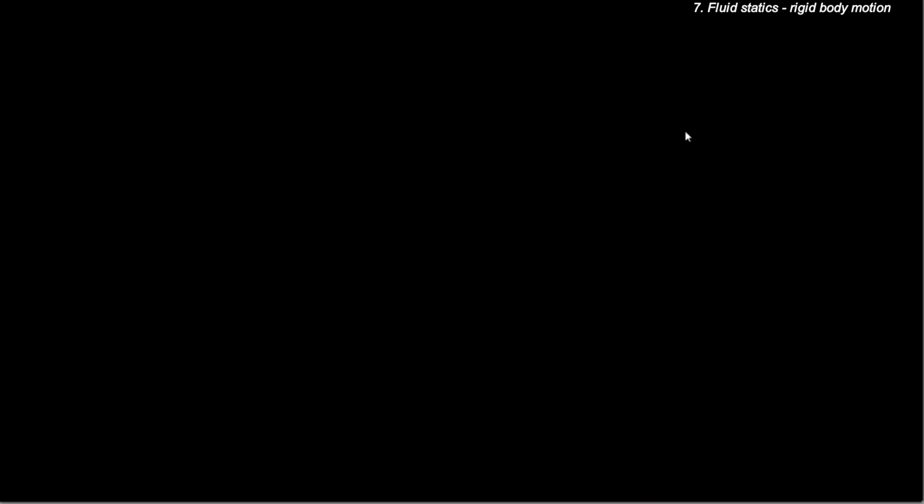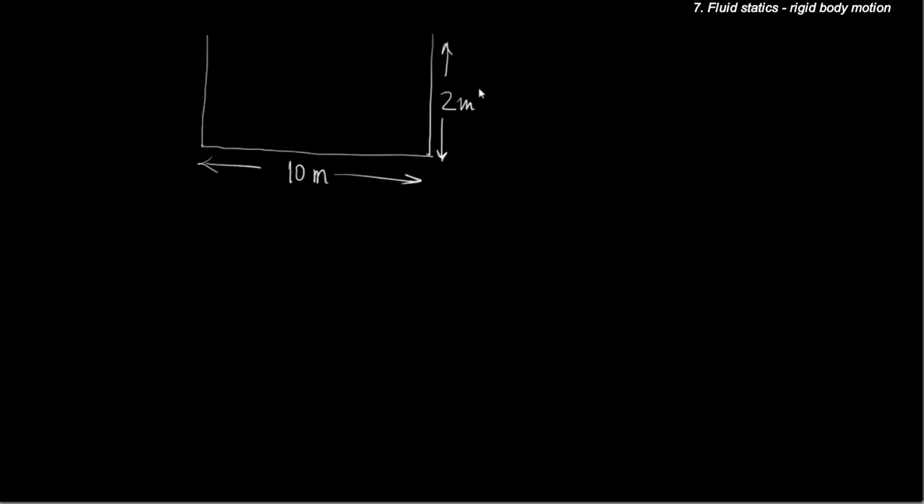Let us consider a problem in which we have a rectangular tank whose length is 10 meter and the height of the tank is 2 meter. It is given that initially the tank is filled with water to a height of 1 meter.